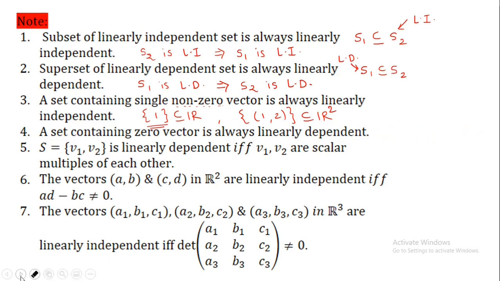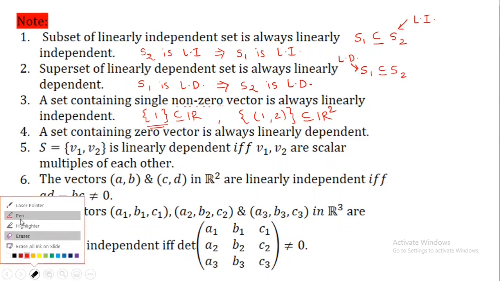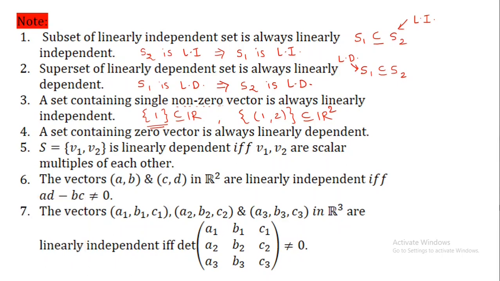So now we will go towards the fifth note, the fifth is left, right? If your set contains two vectors, v1 and v2, then that set is linearly dependent if and only if v1 and v2 are scalar multiples of each other.